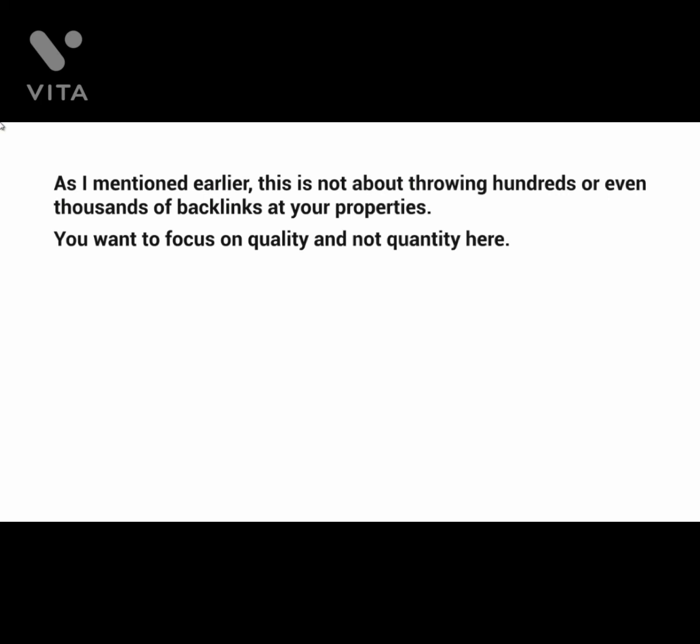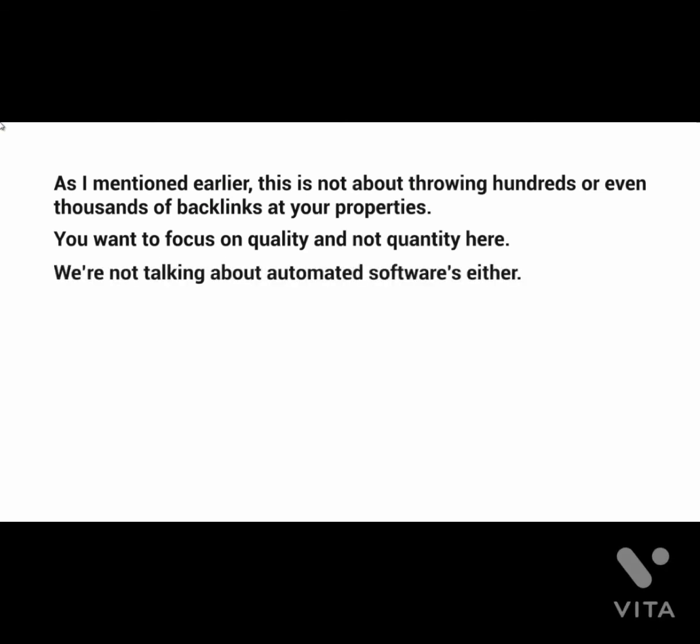So what we're trying to do here is think of a strategy that works long term. So you want to focus on quality and not quantity here. It's better to get a few backlinks that are of quality rather than getting thousands of backlinks that don't even relate to your content. And we're not talking about automated softwares either.